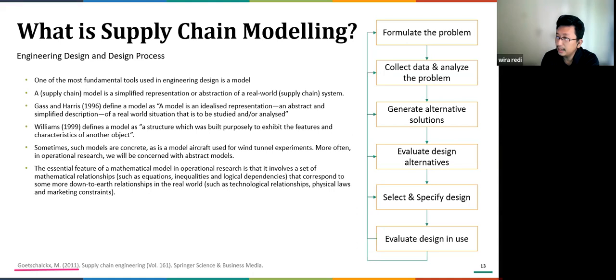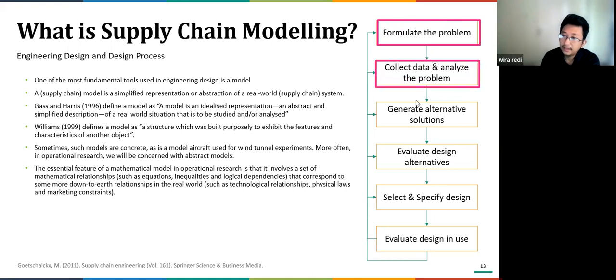So basically, when we do the modeling process, the first step is that we need to be able to formulate the model well, and then we need to collect data, because bad data will lead to a bad model. A bad model will create bad solutions. So we don't want that.